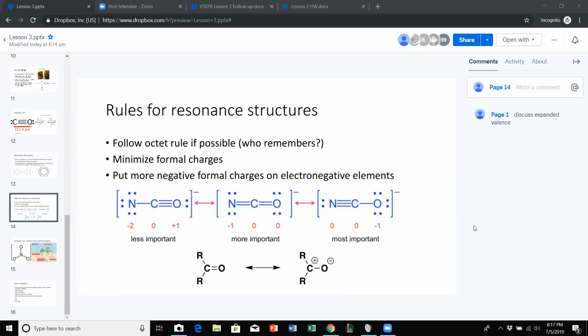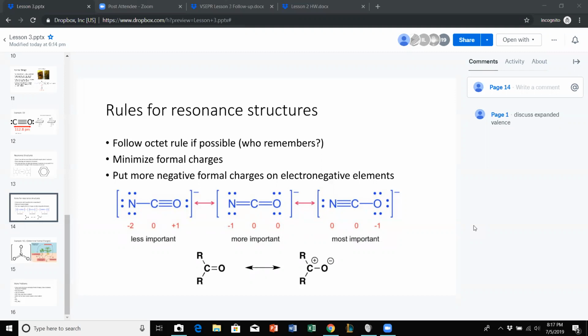Which ones obey the octet rule? Which ones don't? Great, so they all follow the octet rule. Okay, so we can eliminate that rule.